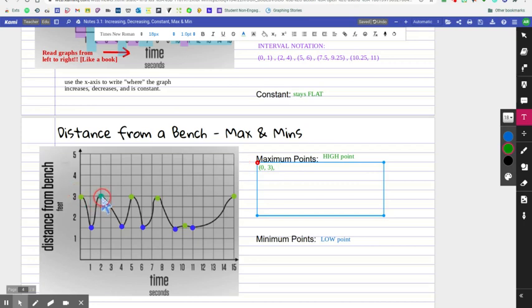How would we write this next point here that I'm pointing at? Time first and then its height. So anybody want to give a guess? 2, 3. So parentheses 2, 3. Perfect. What's the next? How would we write the next point here?